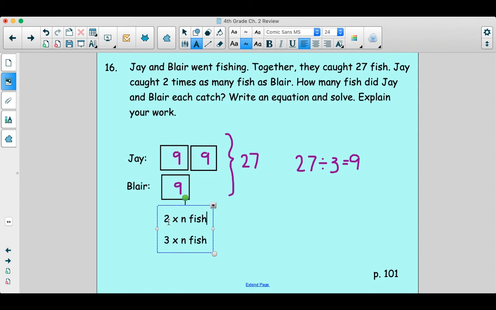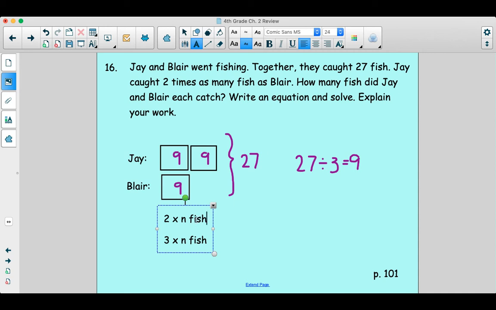See, twice as many. And together they caught 3, 1, 2, 3 times N fish, which we know altogether is 27 fish caught. All right, now we have to figure out how to solve for N.